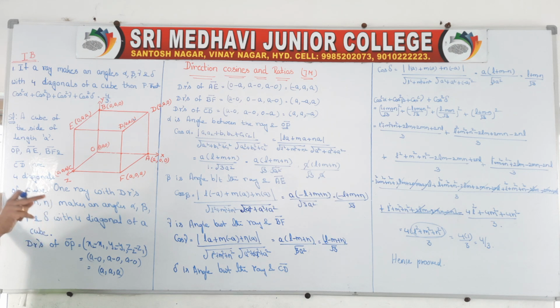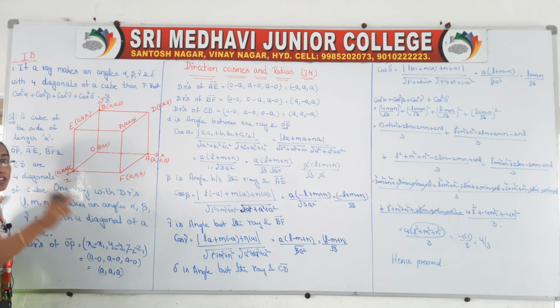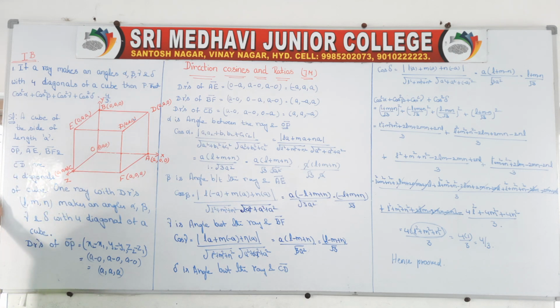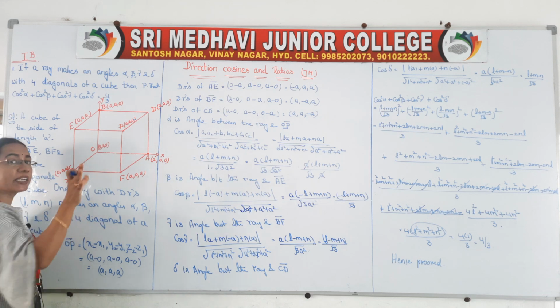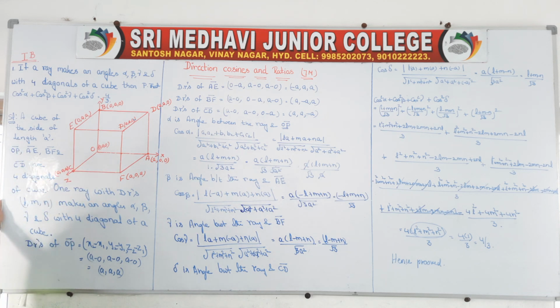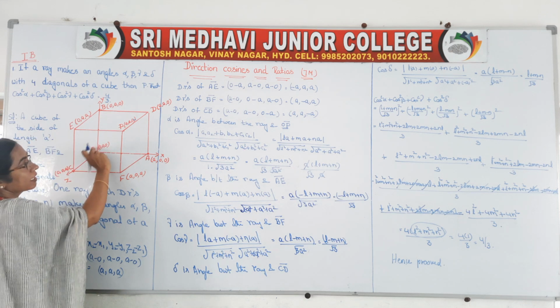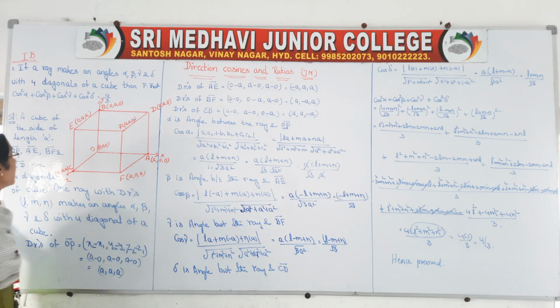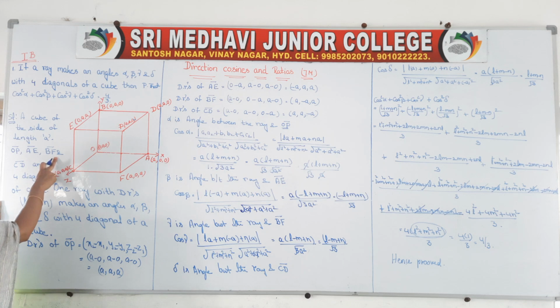In those corners from downwards to opposite side upward, if we join the line, that is called the diagonal. A cube is nothing but a rectangular shape room, you can imagine. Okay, so here there are 4 diagonals possible, OP bar, AE bar, BF bar and CD bar are the 4 diagonals of a cube.